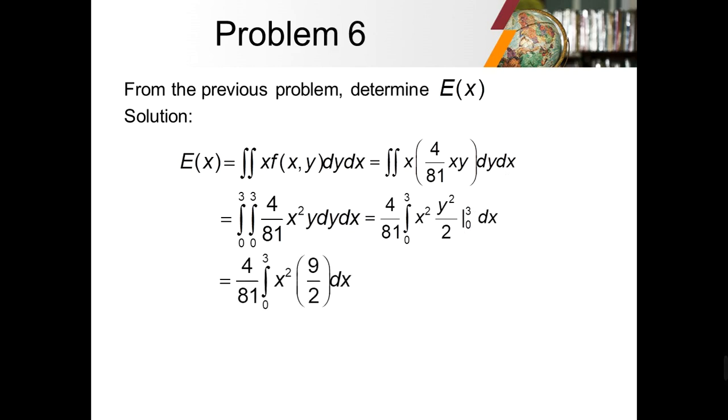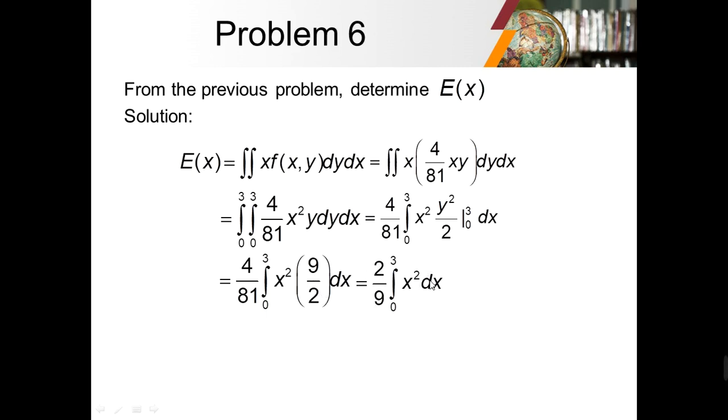So, pag nag-substitute tayo doon, 3 squared over 2. So, wala ulit tayong ima-minus kasi ang lower limit natin ay 0. Then, i-multiply lang doon. So, yung 4/81 times 9/2, ang answer daw ay 2/9. Calculate nyo na lang.